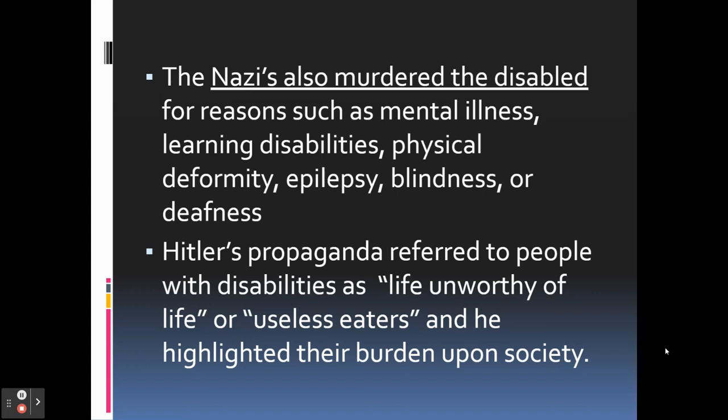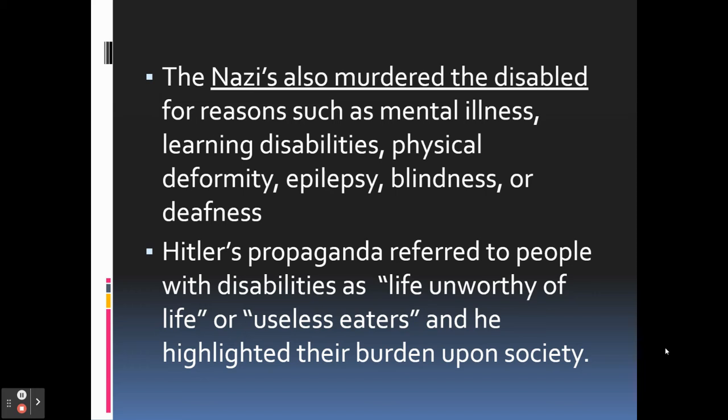The Nazis also murdered the disabled. Here are some of the disabilities that they considered people to be biological enemies for having. That meant that they were born with them, and they threatened the perfect race that they were trying to create.